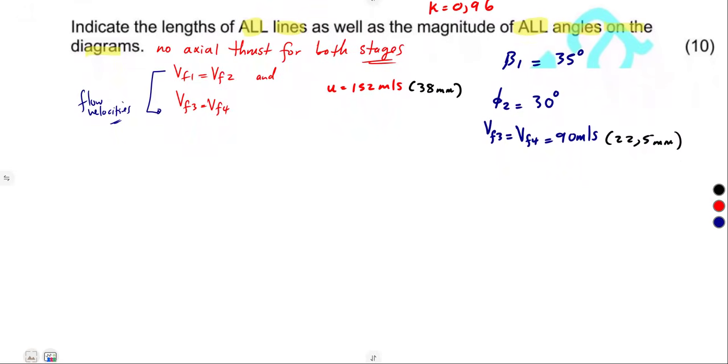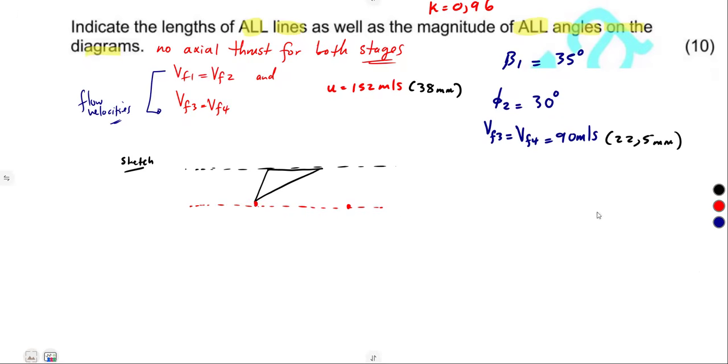And according to the sketch, from the first diagram, we are actually limited. What we know is that we have the same flow velocities. It simply means these are going to be taken horizontally from the same horizontal line.